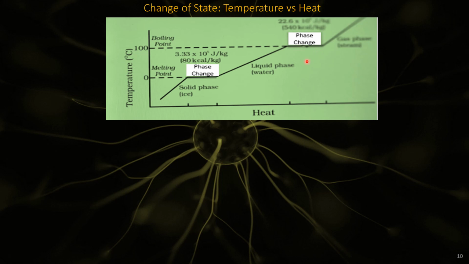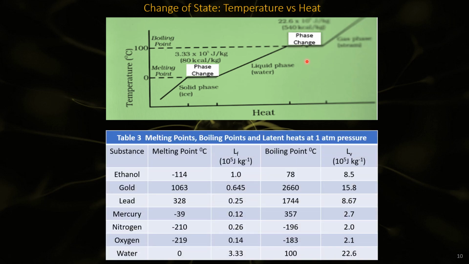Let us study the temperature and change of state and latent heats for various substances at 1 atmospheric pressure. Table number 3 shows the melting points, boiling points and latent heats at 1 atmosphere pressure. The substances are given in column number 1.